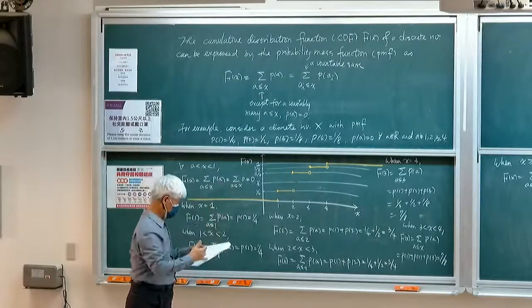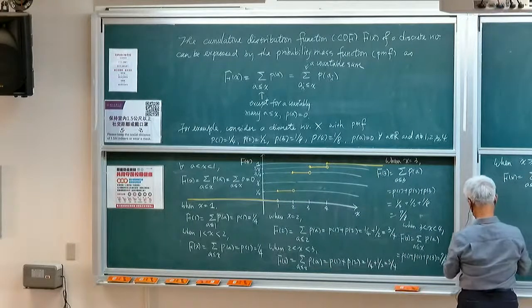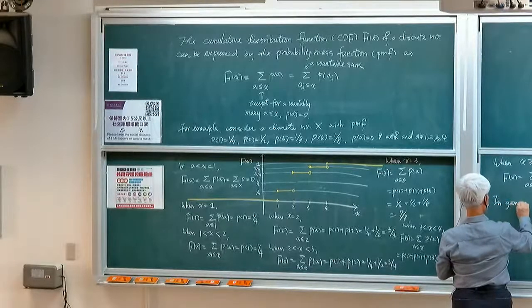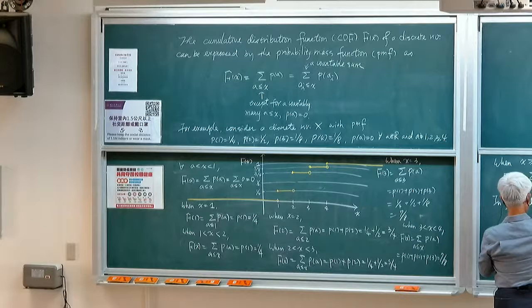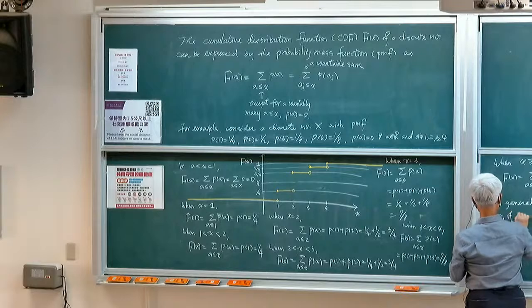All right, so in general, the CDF of a discrete random variable is a stepwise function with jumps. It jumps at possible values a_i.